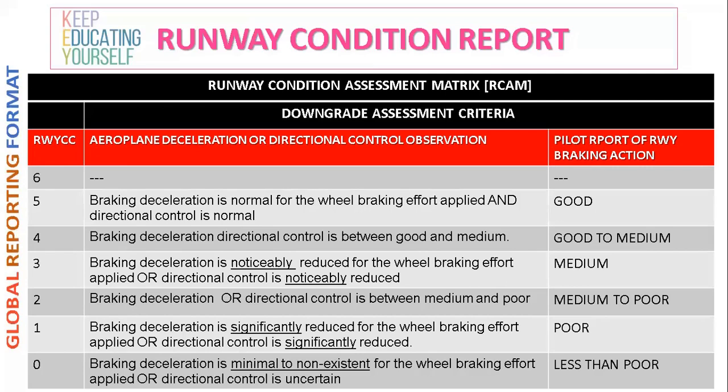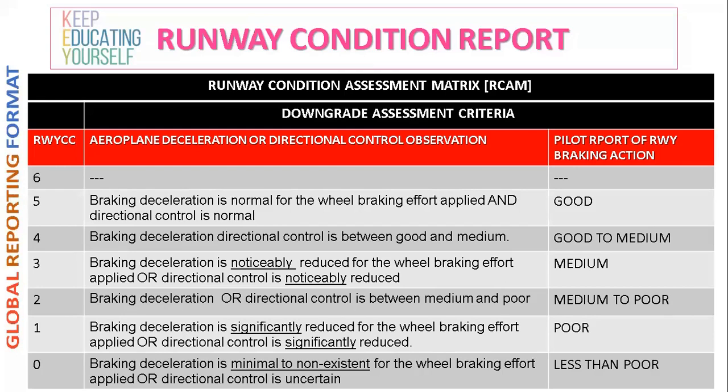The pilot will report braking action as good to medium. If runway condition code is 3, then braking deceleration is noticeably, I will repeat again, noticeably reduced for the wheel braking effort applied, or directional control is noticeably reduced. So any one can happen, and the pilot will report braking action as medium.